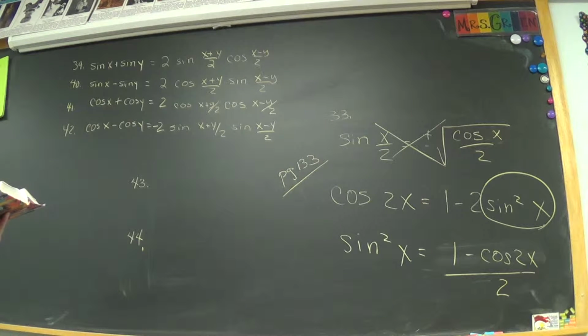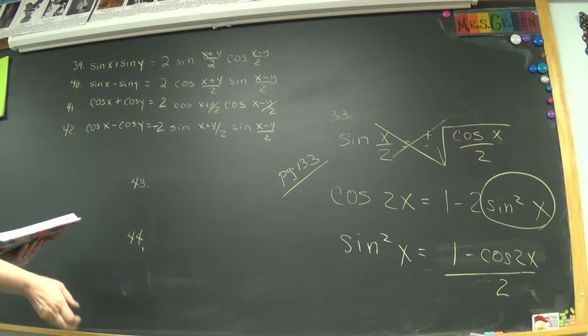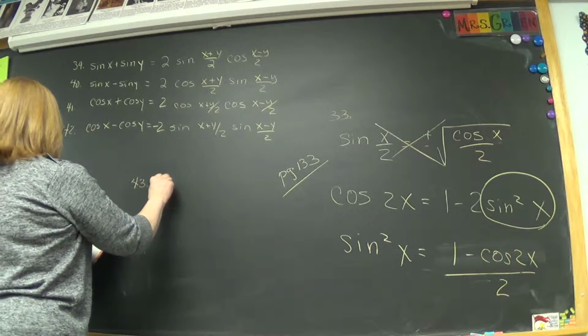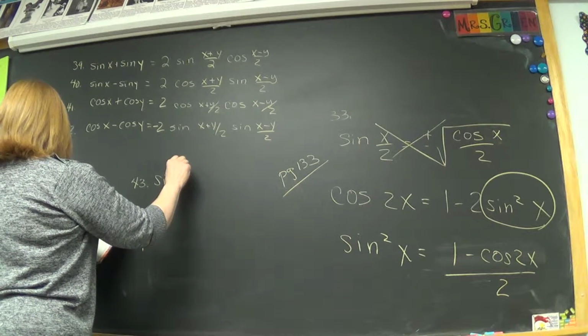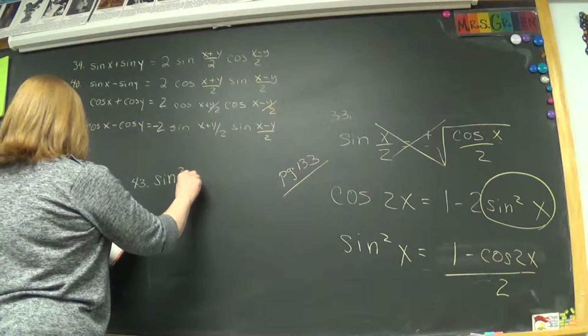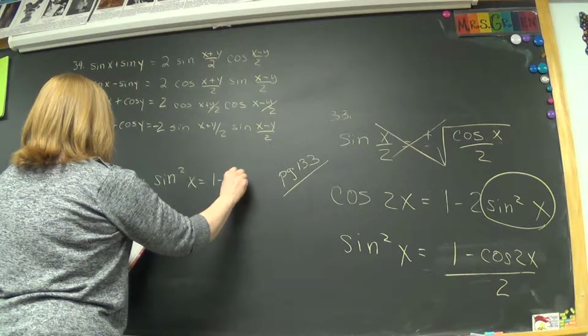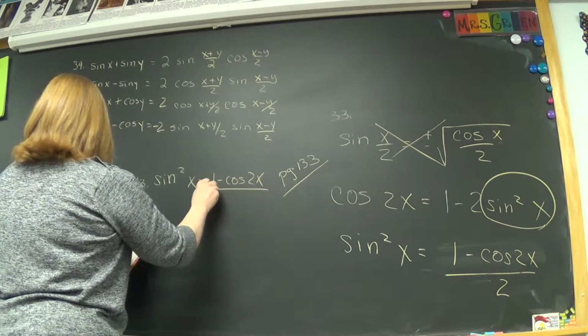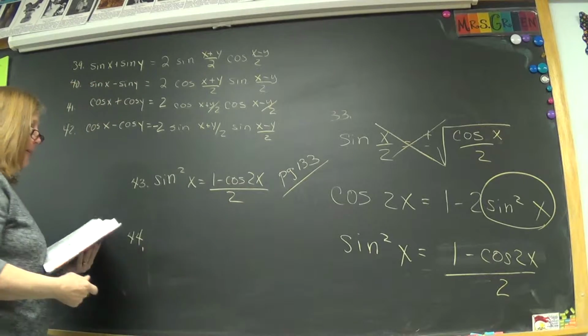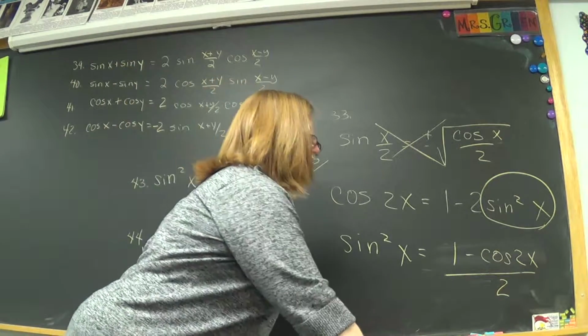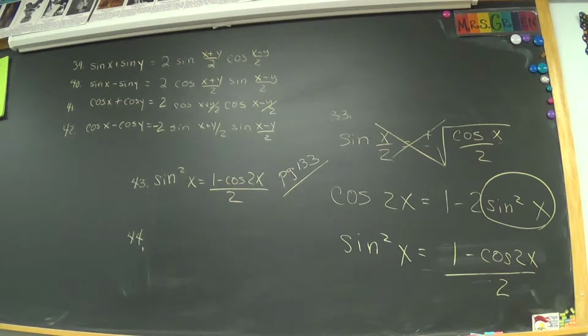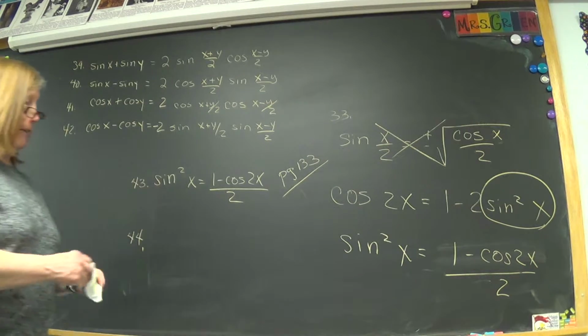Okay. In like manner, this is number 43, I'll rewrite it over here. Sine squared of an angle is 1 minus cosine of twice the angle, divided by 2. So a double angle is sometimes troublesome, but sometimes it's not as troublesome as a squared value.